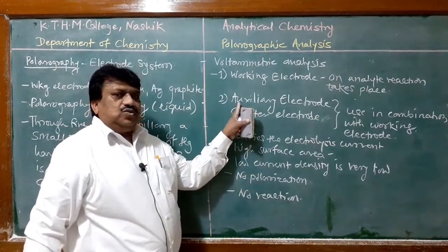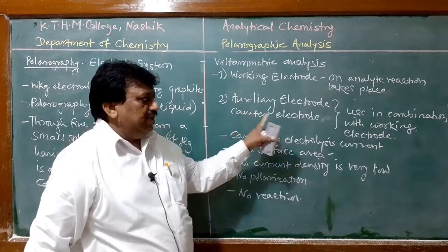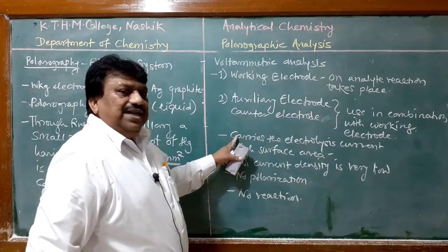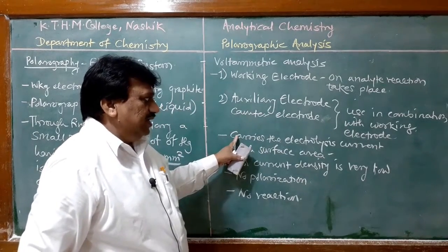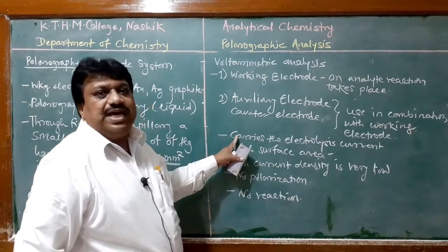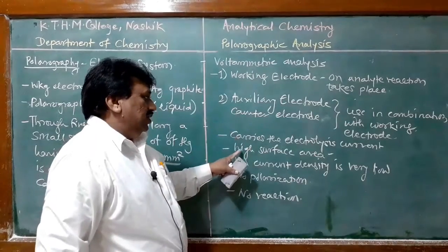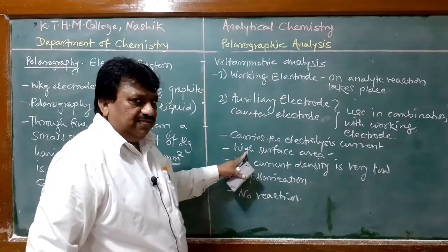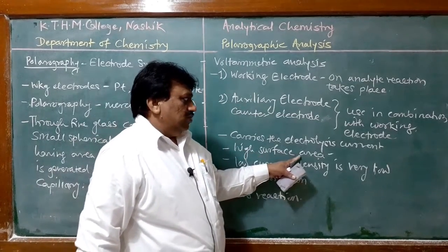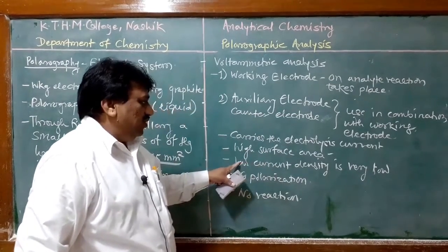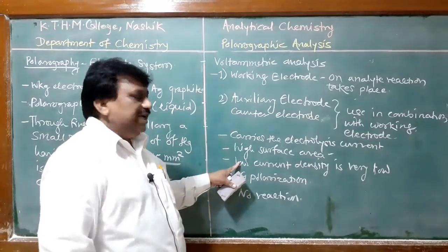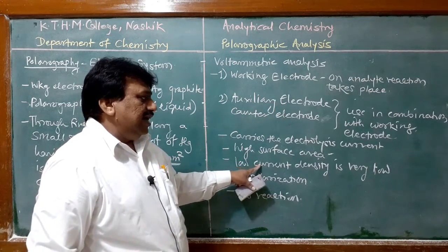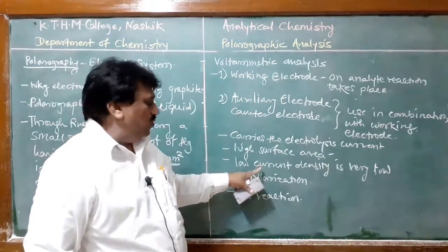Therefore, no polarization of the electrode means no reaction on the counter electrode. The auxiliary electrode is used in combination with the working electrode. Both the working electrode and the counter electrode carry electrolysis current, but the surface area of the auxiliary electrode is very high compared to the working electrode, and therefore, due to application of a small electrical potential, the current density at this counter electrode is very low.